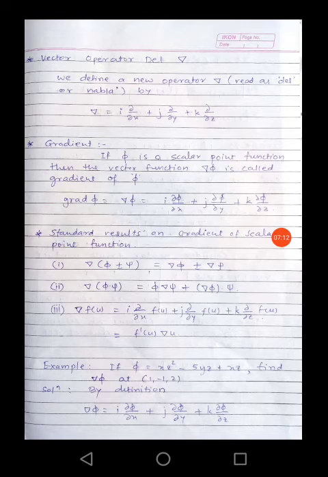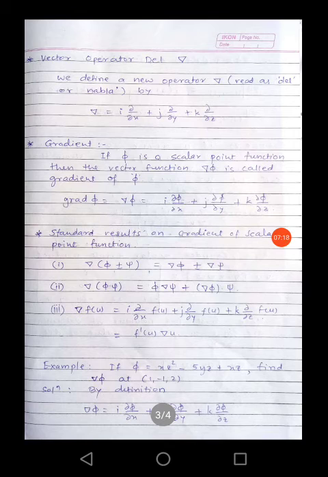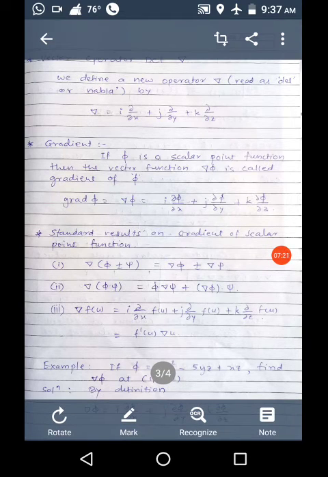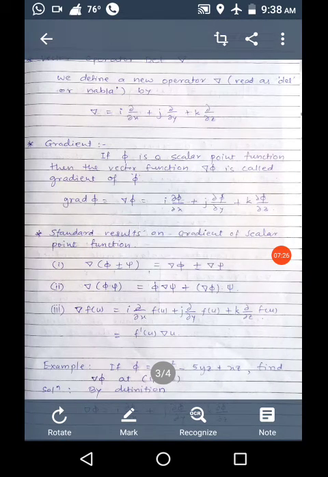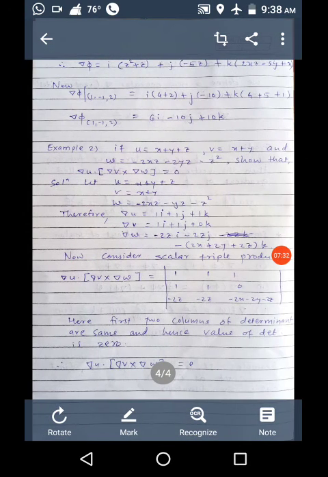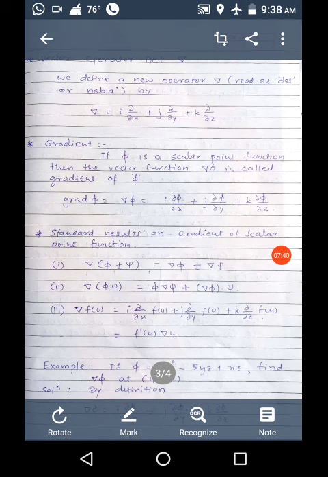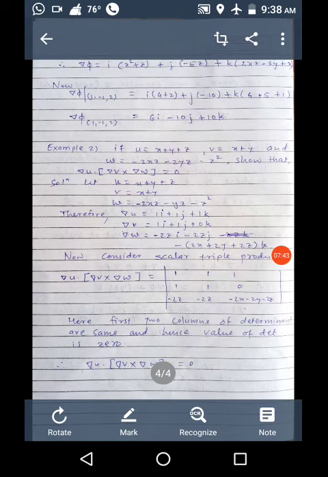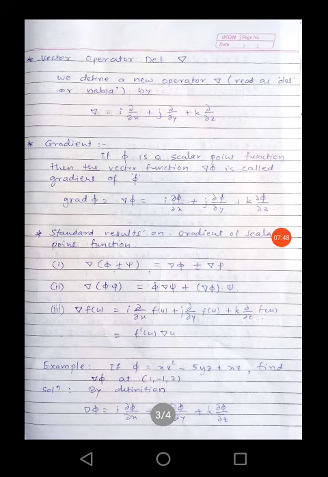So del phi is equal to i into dou phi by dou x, which from this is z square plus z, plus j into dou phi by dou y. The only term in y is minus 5 y z.